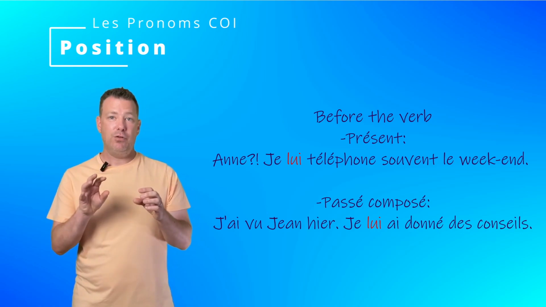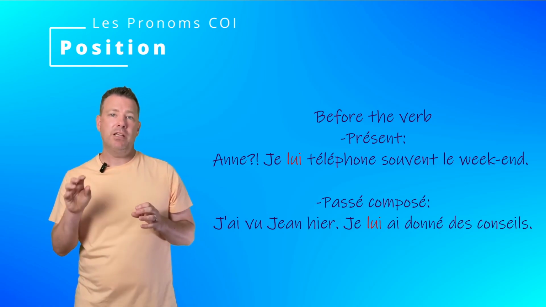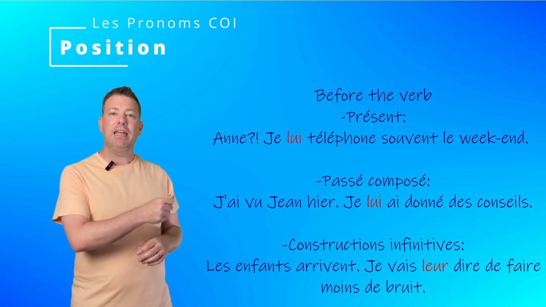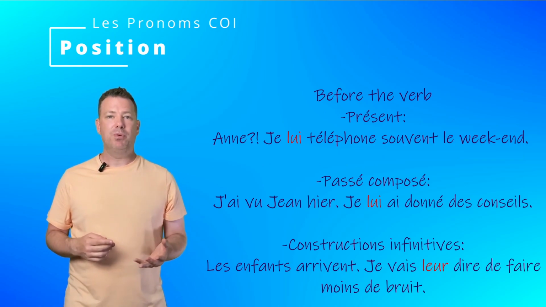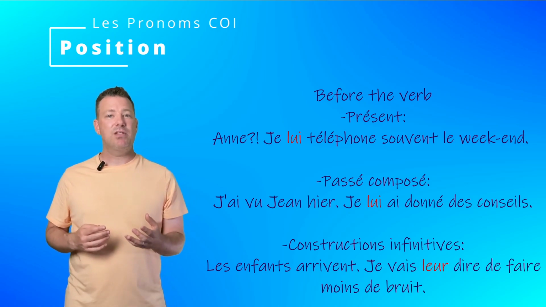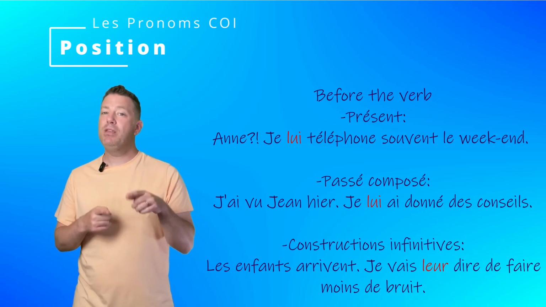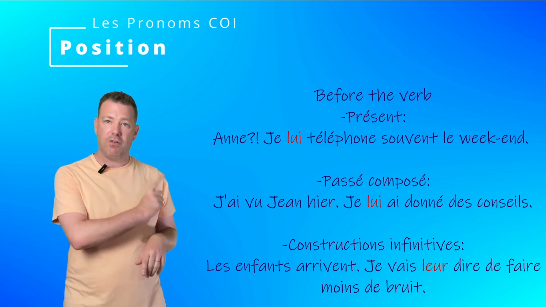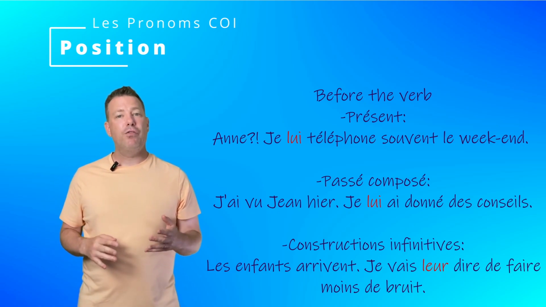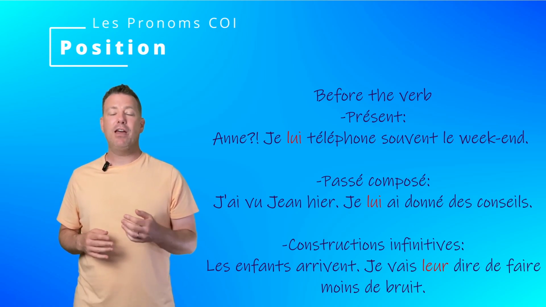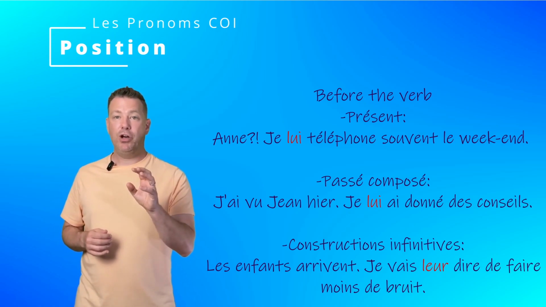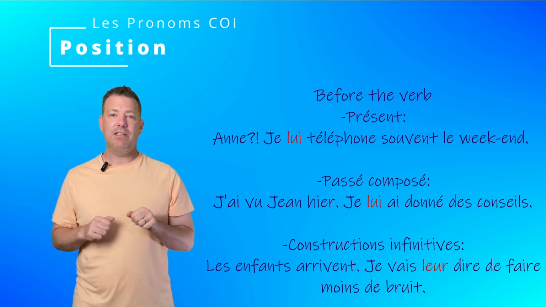Lui, and then the verb, of course, auxiliary and past participle. In the infinitive construction, like the near future, for example, COI pronouns come immediately before the infinitive. For example, les enfants arrivent, je vais leur dire de faire moins de bruit. Leur, and then the infinitive.